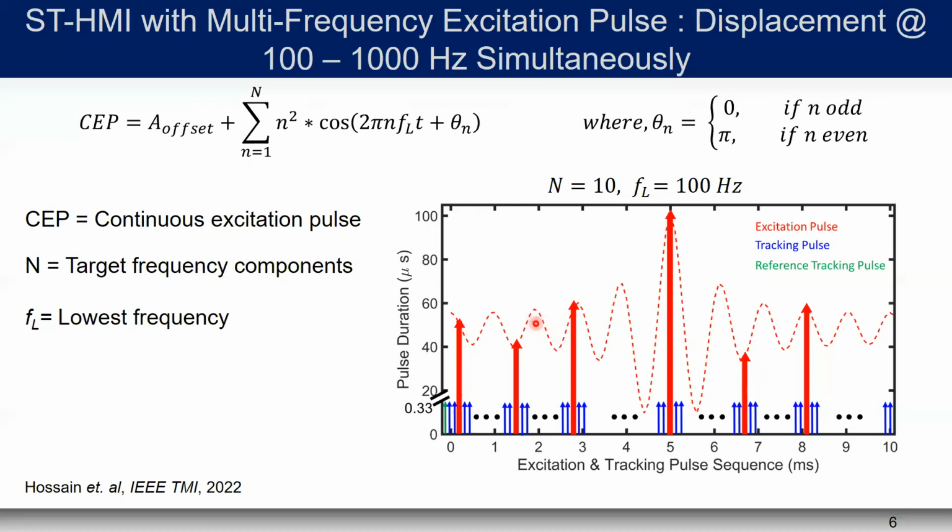Then this continuous excitation pulse was sampled to transmit the discrete excitation pulse, and similar to our previous work, the tracking pulses were interleaved in between. In this way, we can collect the data from 100 to 1000 Hertz in a single acquisition. Only the data are processed differently to separate all these motion images.